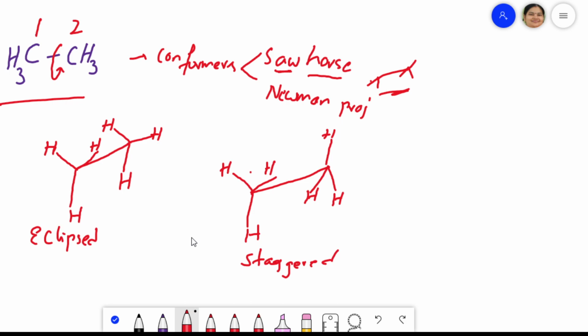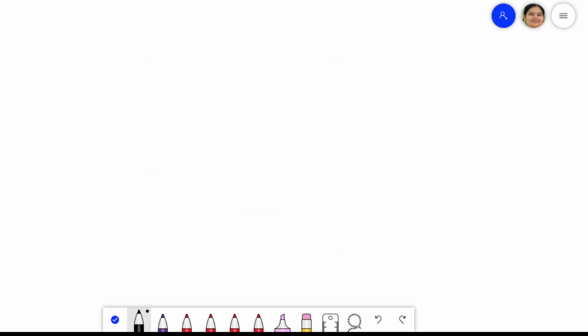The same Sawhorse formula in one more case, let us see. In the case of butane, you can represent butane something like this: CH3, CH2, CH2 and CH3. That's your butane.